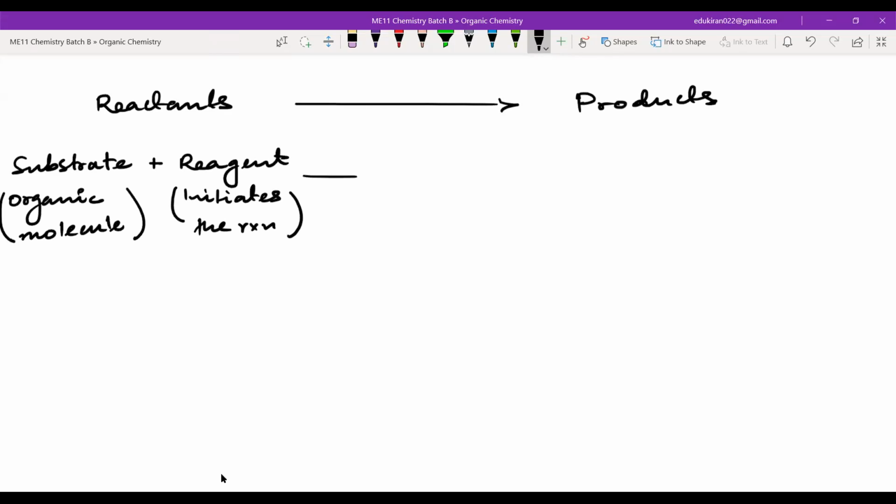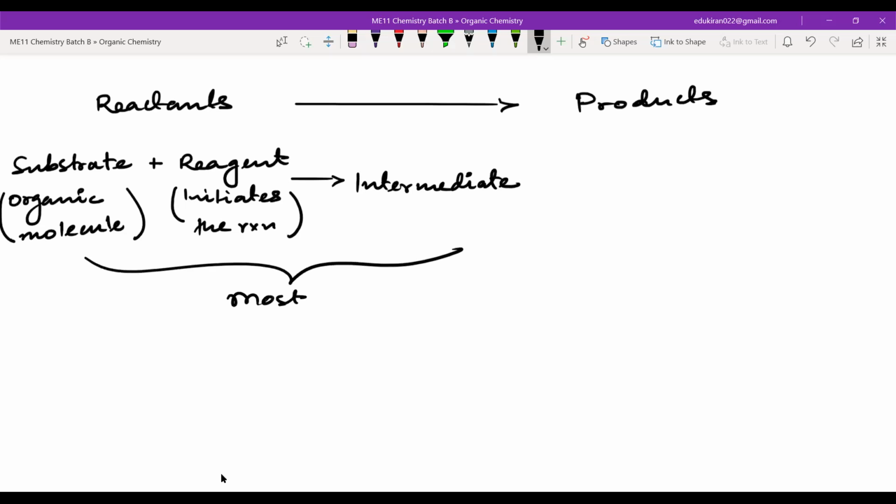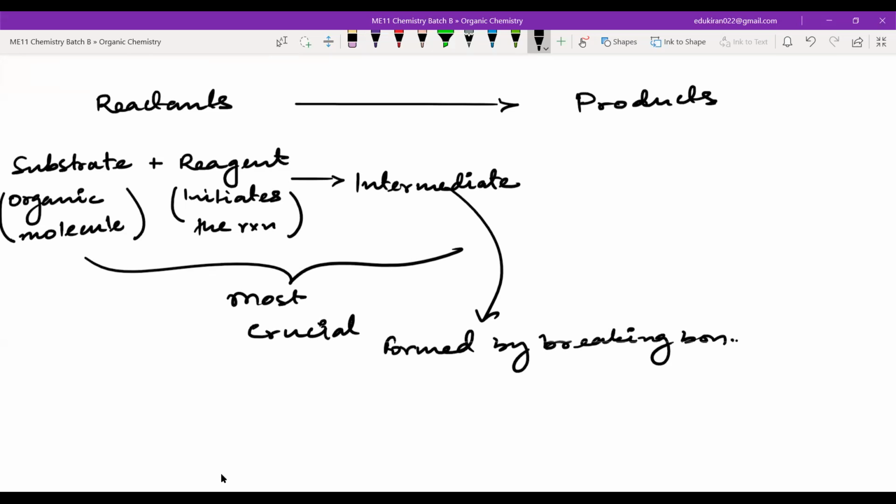Then we form some intermediate. Now this step is most crucial. Why? The intermediate is formed by breaking of bonds. Now we can say that there are three types of species that can be formed.